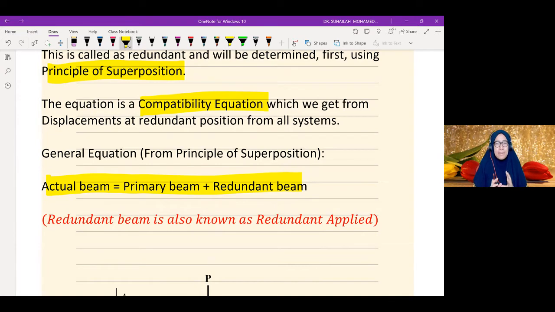The primary beam and redundant beam are both determinate structures, while the actual beam is an indeterminate structure.